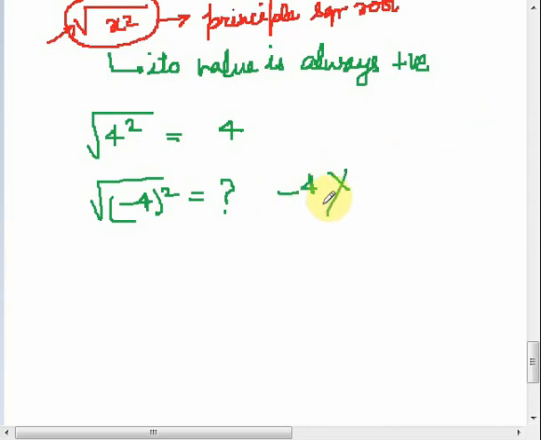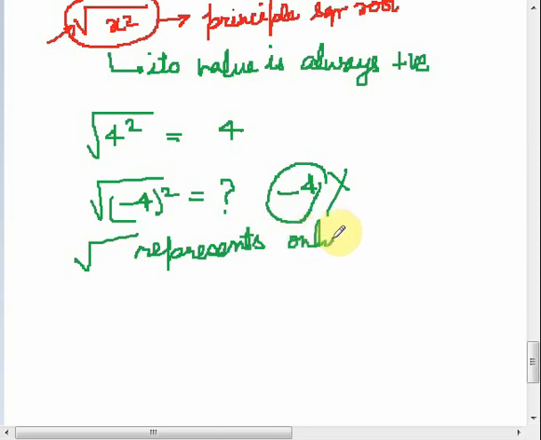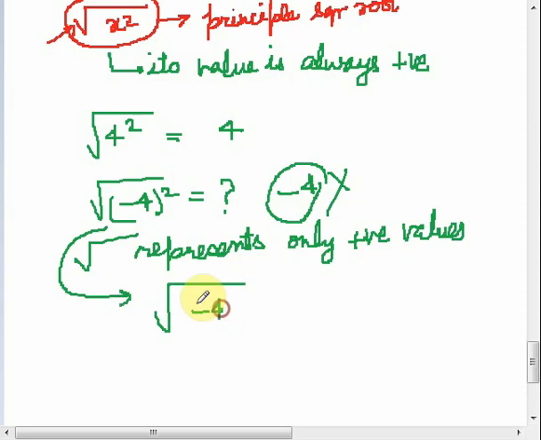No, it cannot be minus 4 because this represents only positive values. So what do we have to do? We have to reframe it like this: under root minus 4 square is equal to minus of minus 4, right?